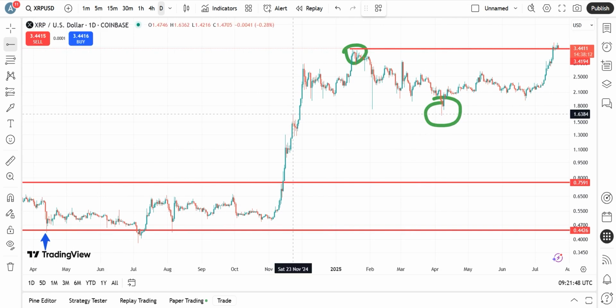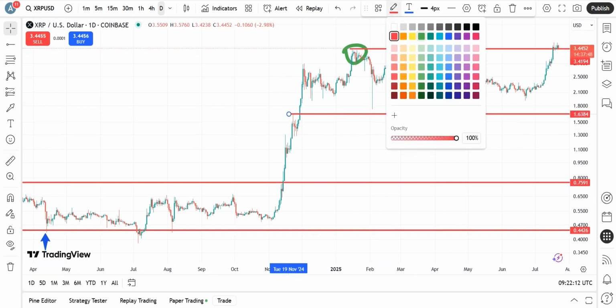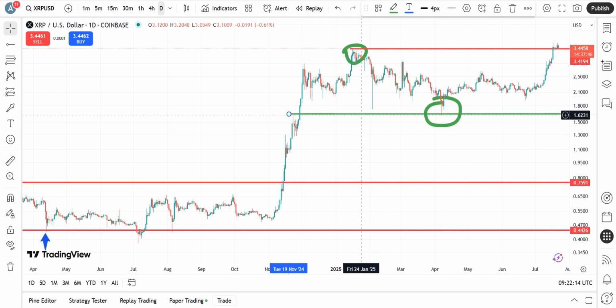Maybe we can say that these two align well together. So let's say the resistances right now are becoming the supports. So if the price in future came back down, these ones are the supports. All right.